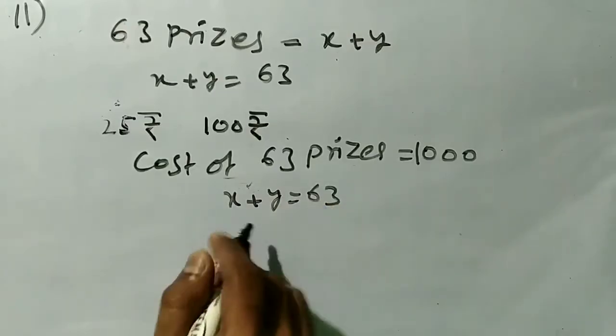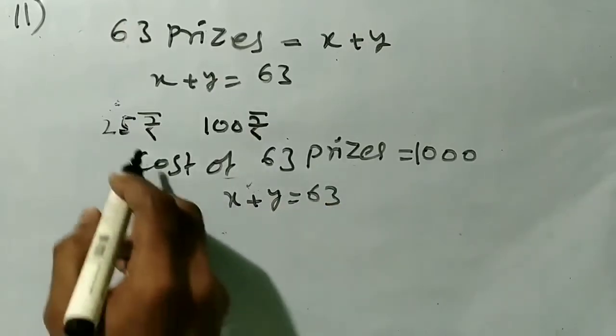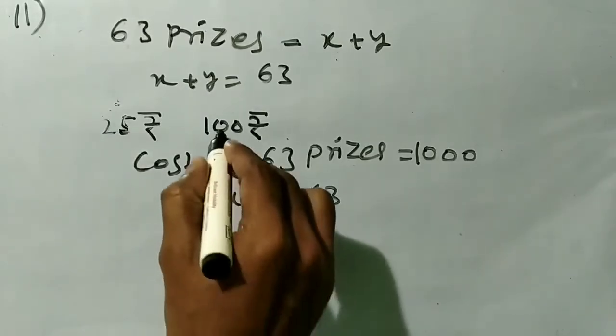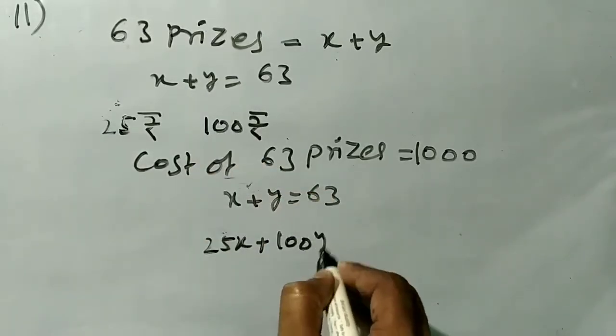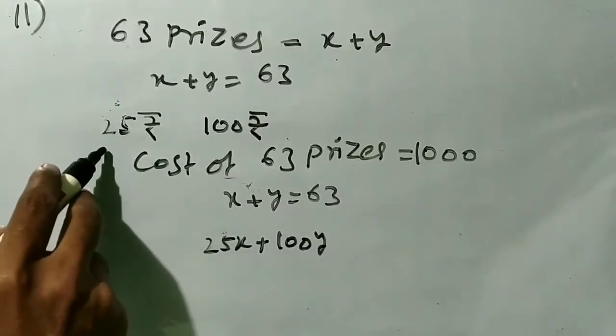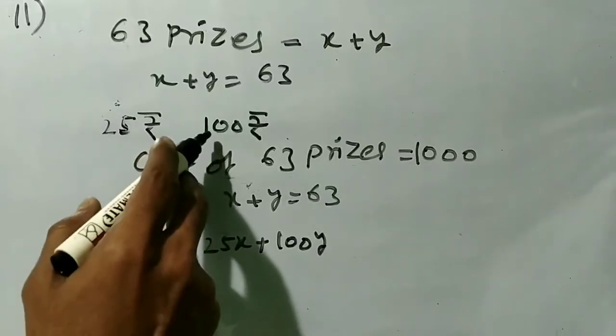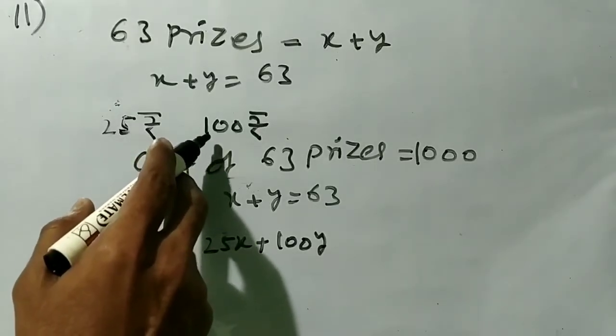This is the two prices. Let us consider 25x plus 100y. 25 is one kind of price cost, another kind of price cost is 100 rupees.